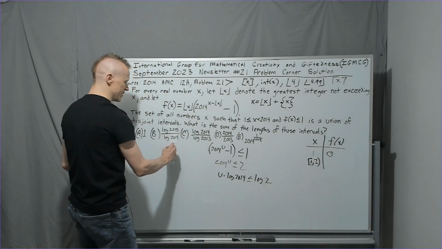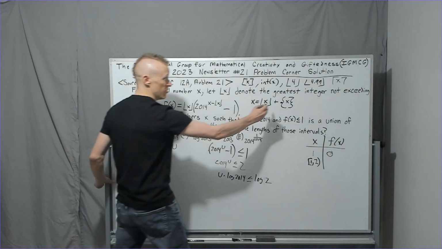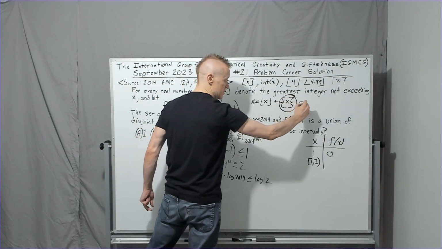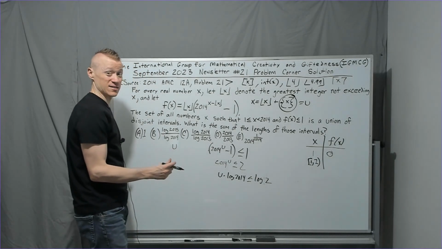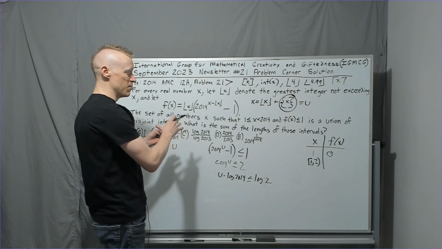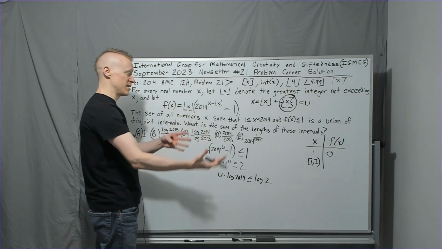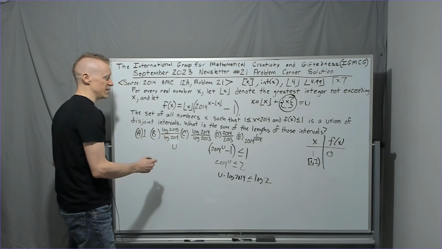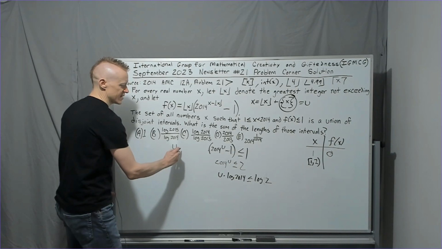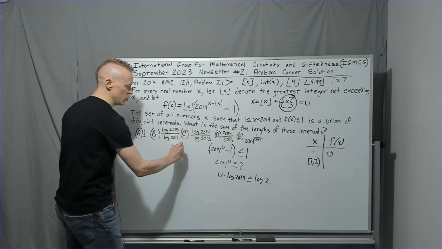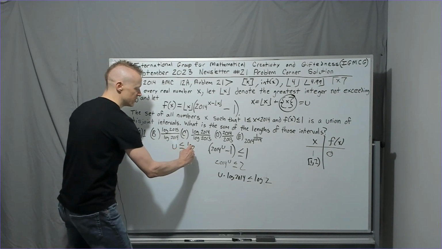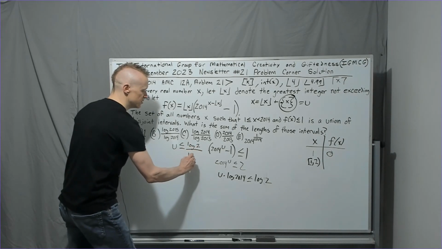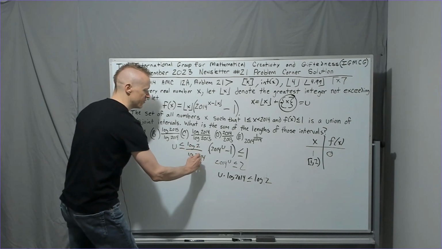So now we get that this u thing, which again, if you remember, this really is the fractional part of x, something between more than 0 and less than 1. I mean, it could be equal to 0, I suppose, if it was an integer that you're working with. But u will be less than or equal to log of 2 over log of 2014.